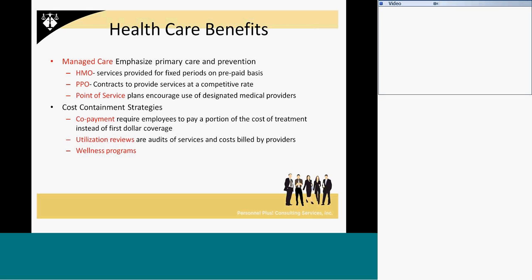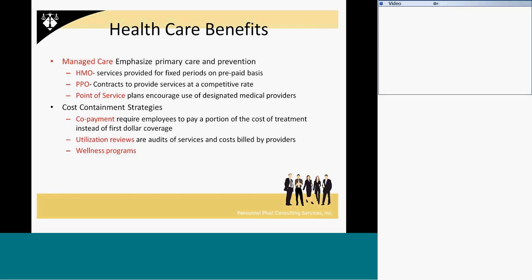A point of service plan is similar to a PPO, but it reimburses the medical providers that actually perform the services. There are a few terms that describe cost containment strategies used by either employers or insurance companies. One is co-payment. So in other words, if you go to the doctor, it might cost you $20. The idea is to discourage people from going unless they really are ill.